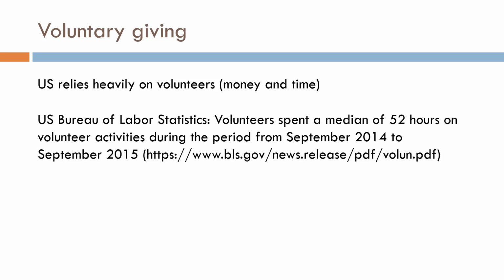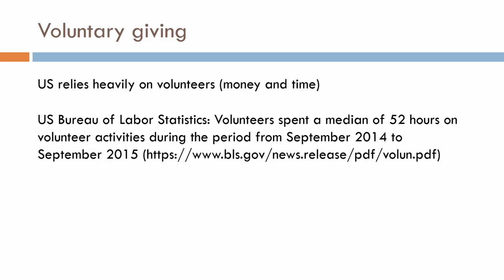For example, the US Bureau of Labor Statistics found that volunteers spent a median of 52 hours on volunteer activities during the period from September 2014 to September 2015. So in that 1 year, that was the median. Half of the sample volunteered 52 hours of their time to some charitable organization.